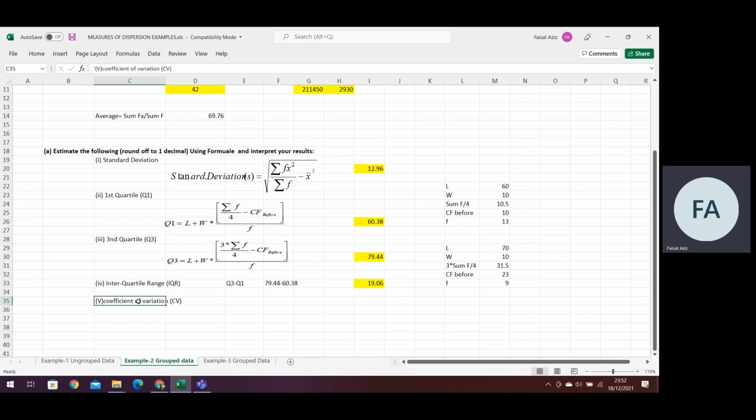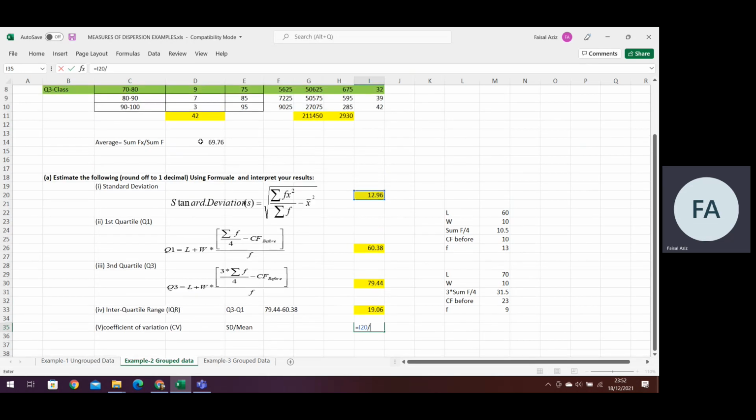Then we have the coefficient of variation. We know it very well. The formula for the coefficient of variation is standard deviation divided by mean. So you can see here we already have the standard deviation, which I have calculated here, and this will be divided by the mean.